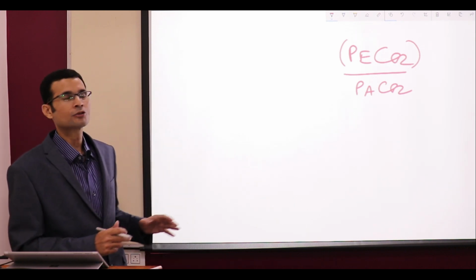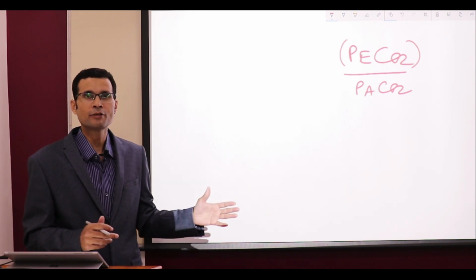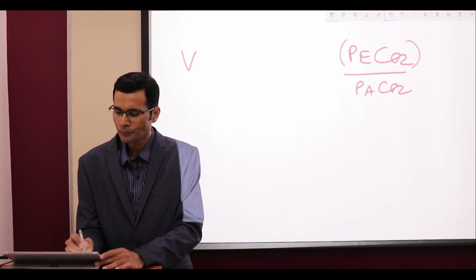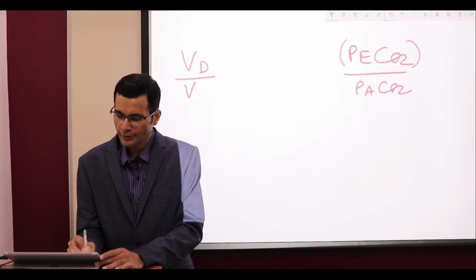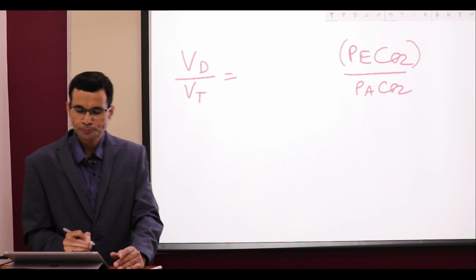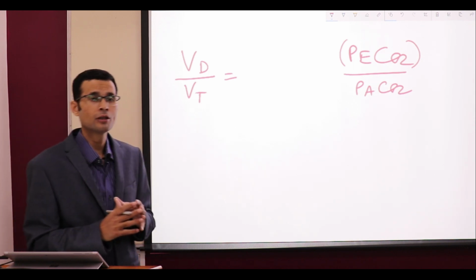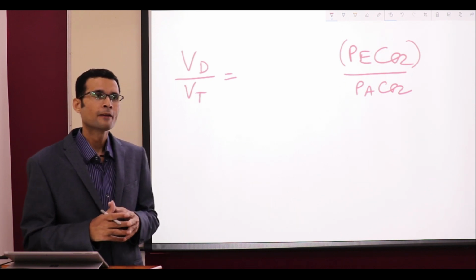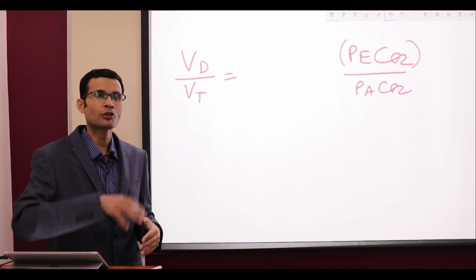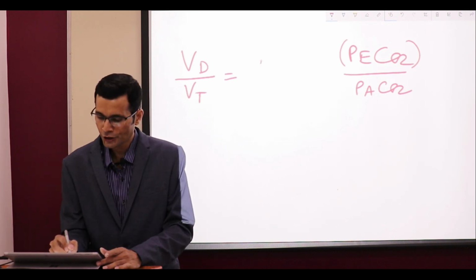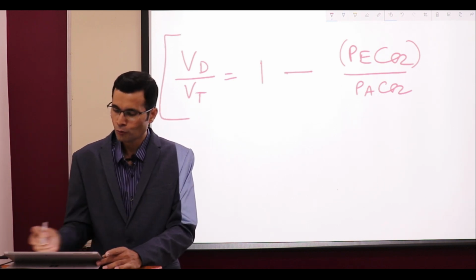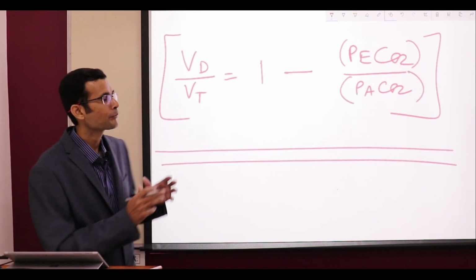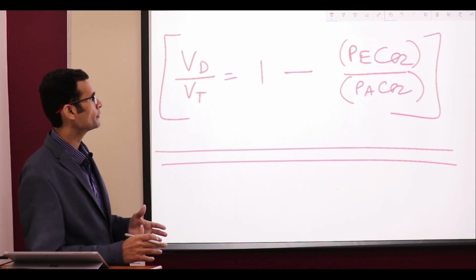And that then brings us to the Bohr's equation, the physiologic dead space equation. It says the ratio of dead space volume to the tidal volume. After all, a fraction of the tidal volume is the dead space, so the dead space ventilation as a part of tidal ventilation. This ratio is equal to 1 minus PeCO2 upon PaCO2. That's the Bohr's equation or physiologic dead space equation.